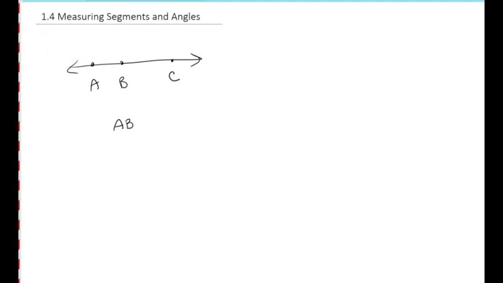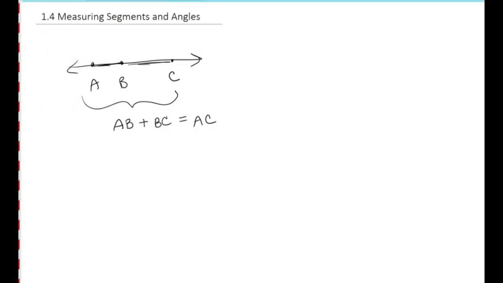I want the length of the segment. So the addition postulate says that AB plus BC, so this guy plus this guy, is going to equal AC, right? So B has to be in between A and C.